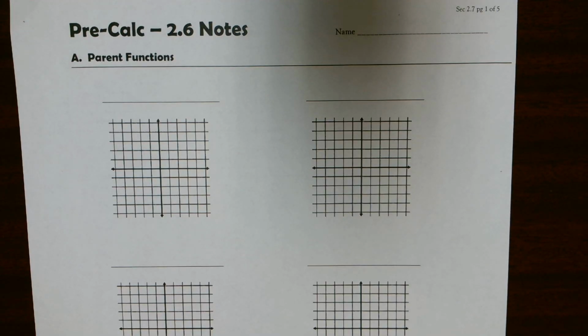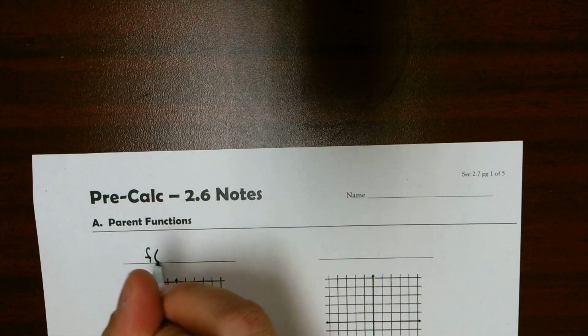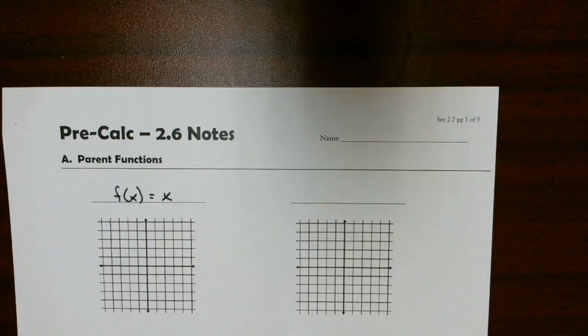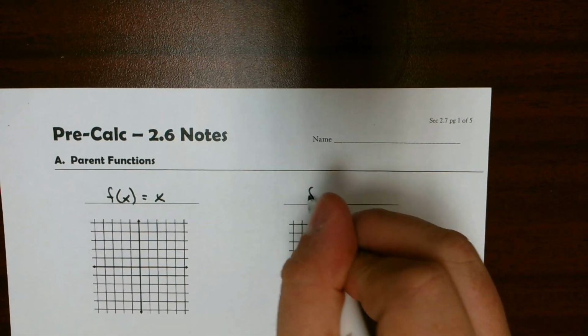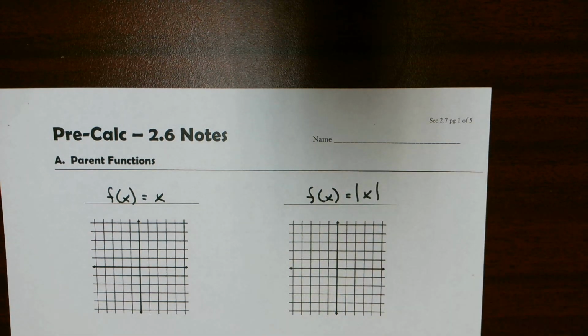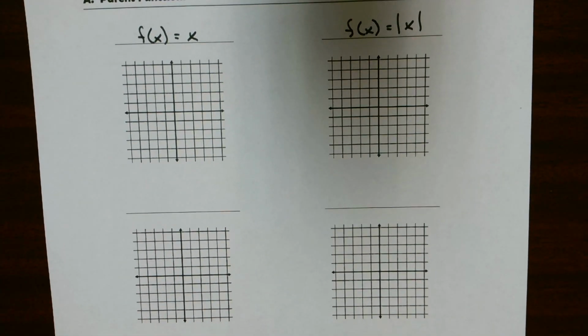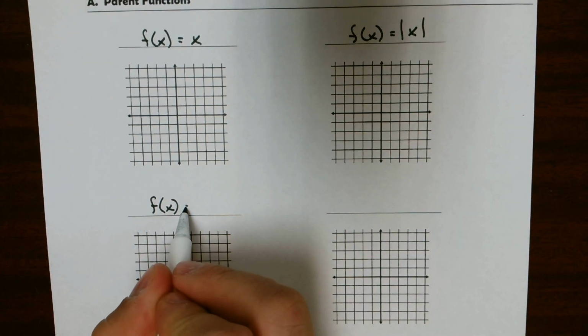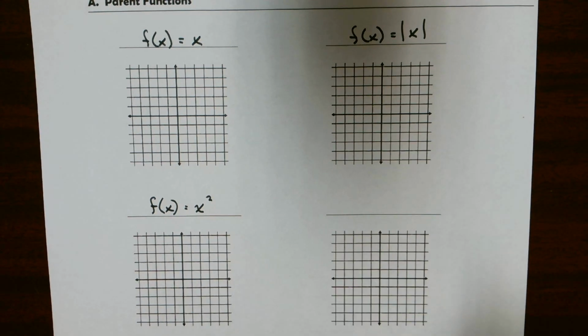Okay, so the first toolbox function that you're going to graph on this one, I'd like to see you graph f of x or y equals x. And the next one, I'd like to see you guys graph f of x equals the absolute value of x. And I'll talk in a little bit in a second on how to do those things. And the next one, we're going to be graphing f of x is equal to x squared.